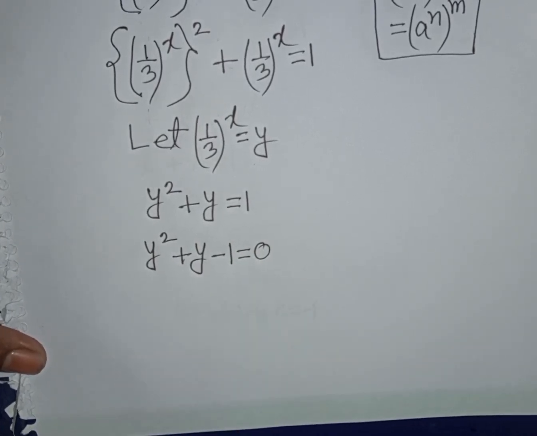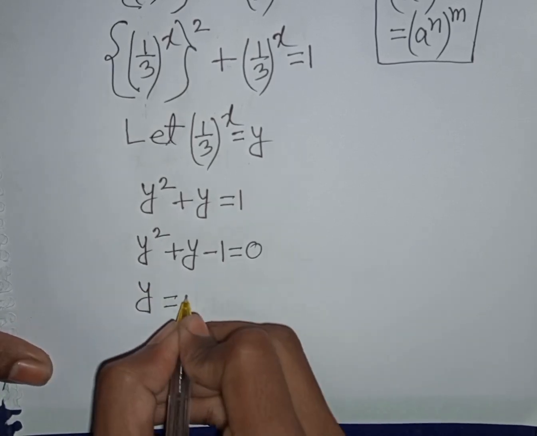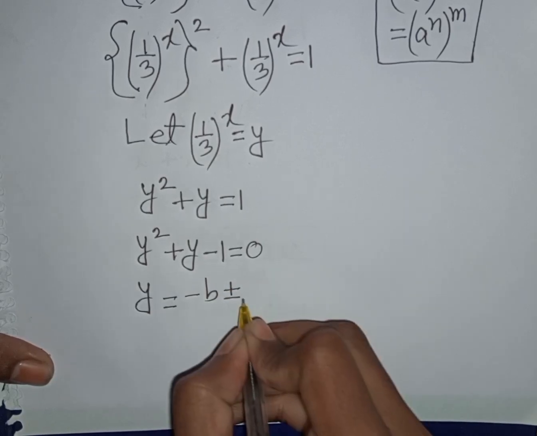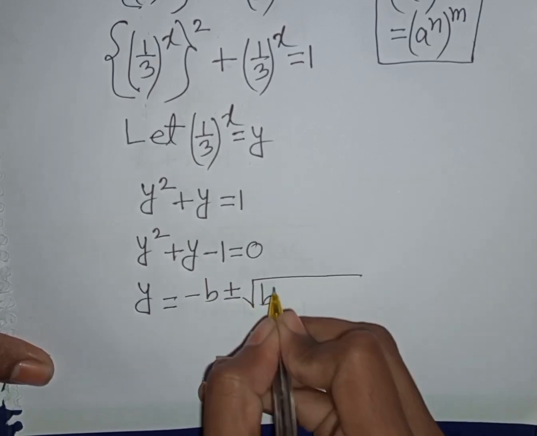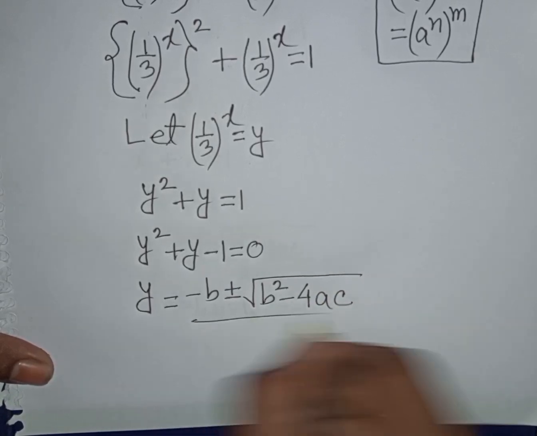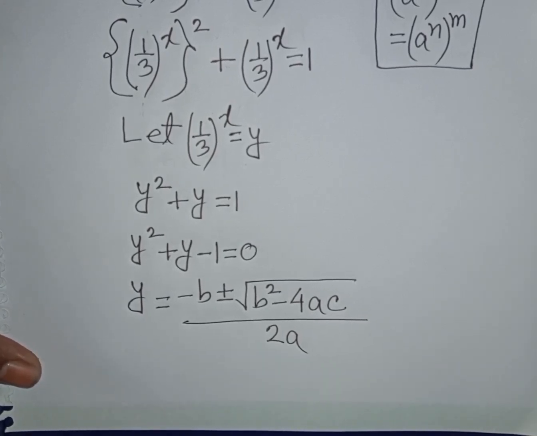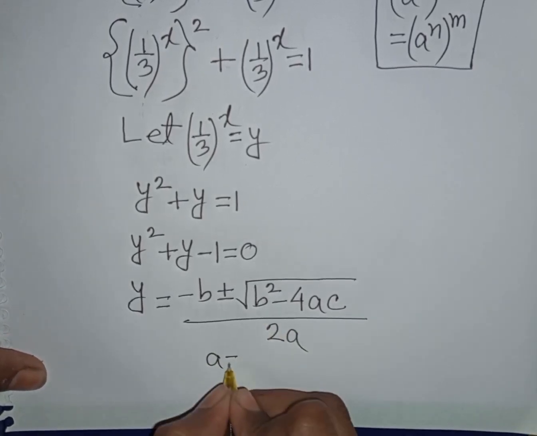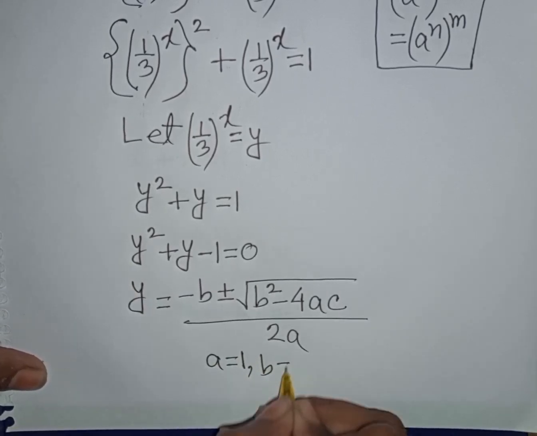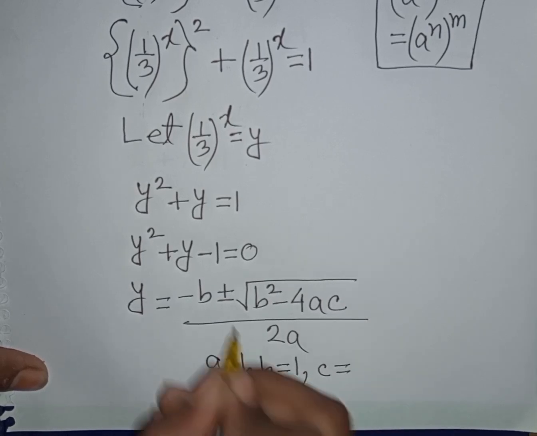Now here I can apply the quadratic formula, so I can write here y is equal to minus b plus or minus square root of b square minus 4ac divided by 2a. Here a will be equal to 1, b is 1, and c will be equal to negative 1.